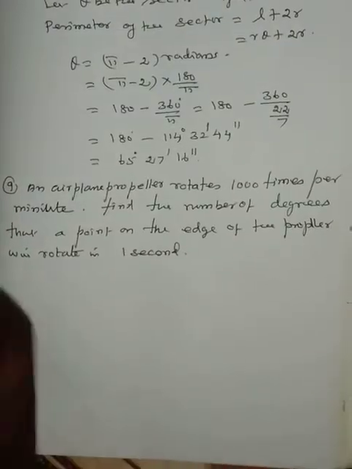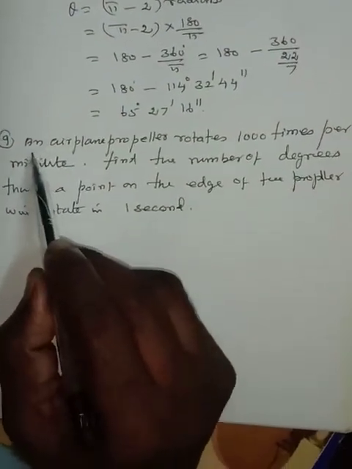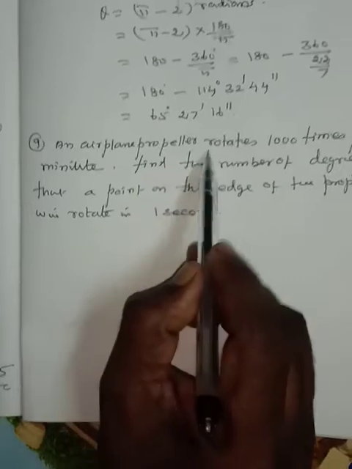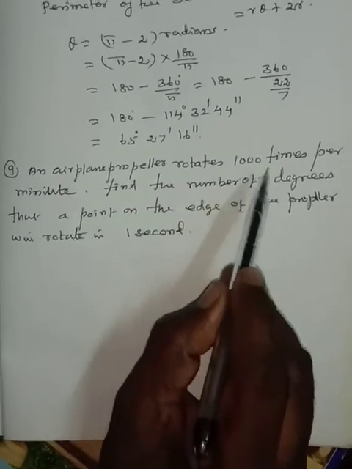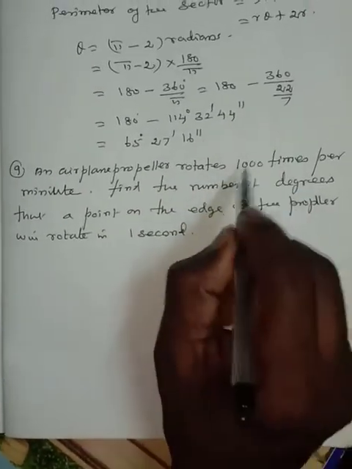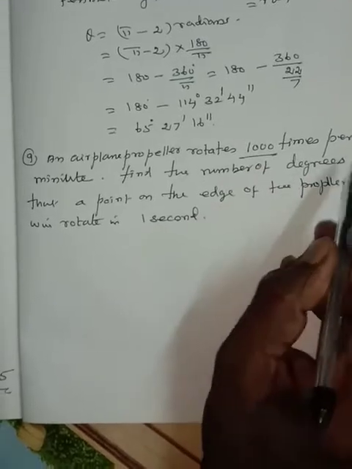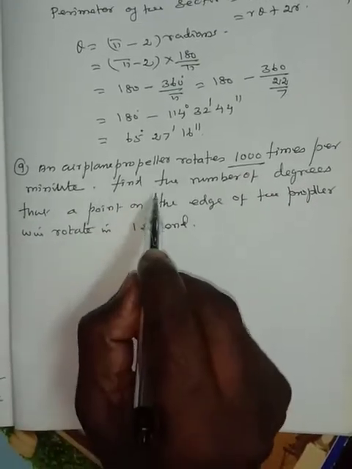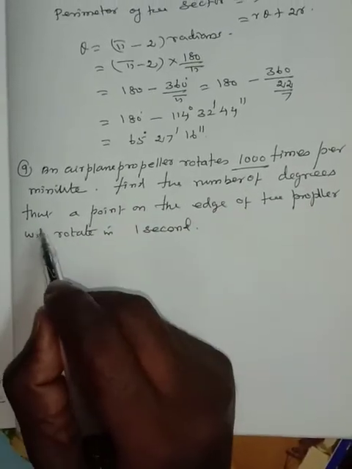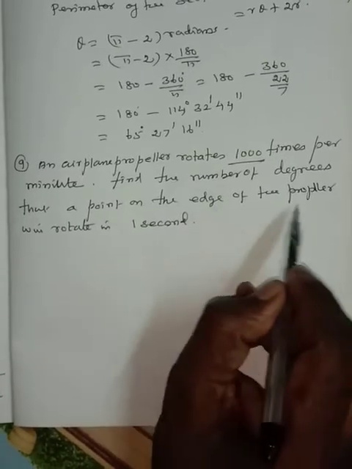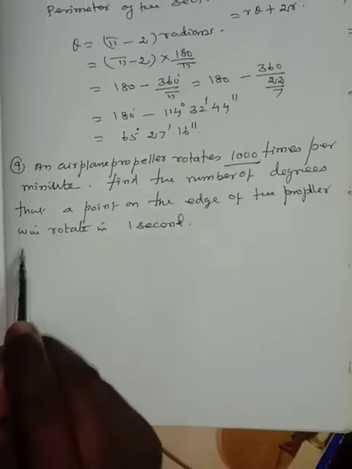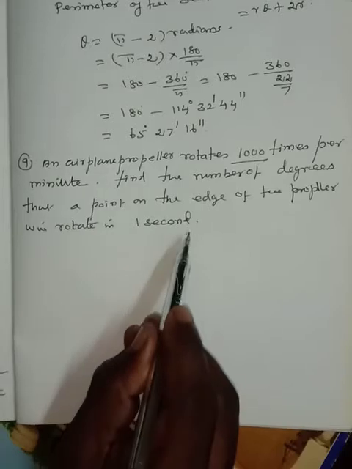Next, question number 9. An airplane propeller rotates 1000 times per minute. Find the number of degrees that a point on the edge of the propeller will rotate in 1 second.